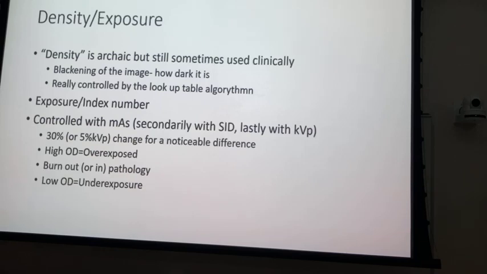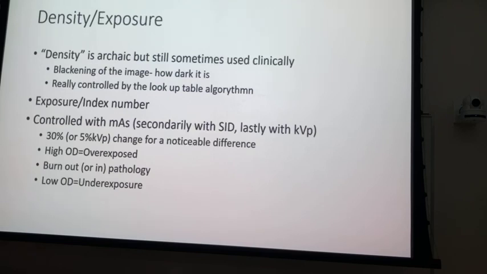So density is kind of outdated, not really outdated in as much as what controls density. The word density in this context is really just density on the image receptor, but our technique really doesn't affect density all that much anymore.